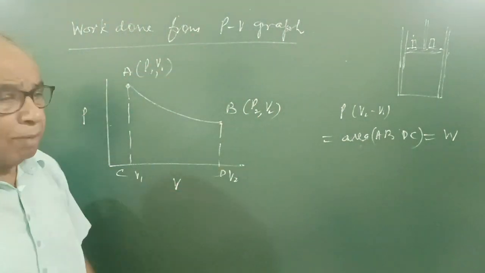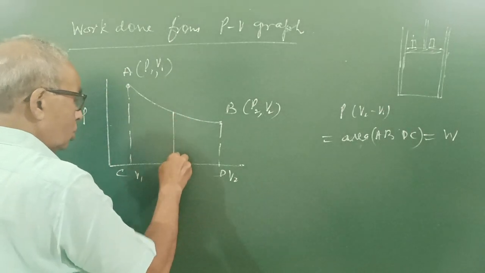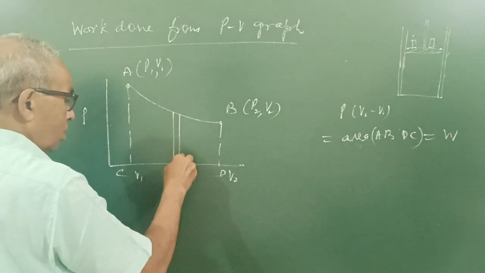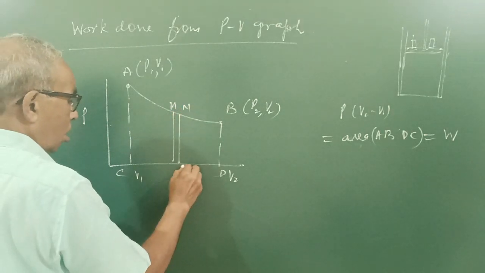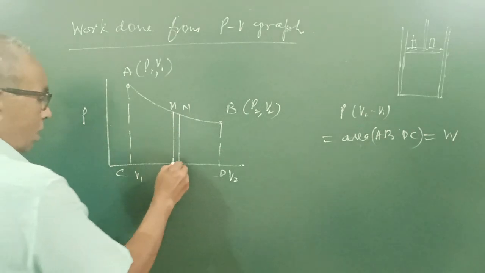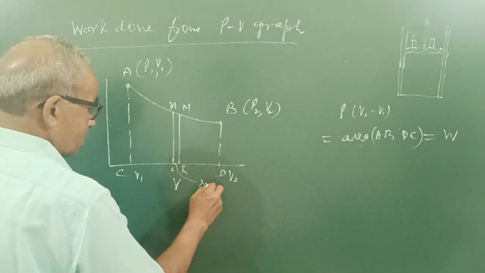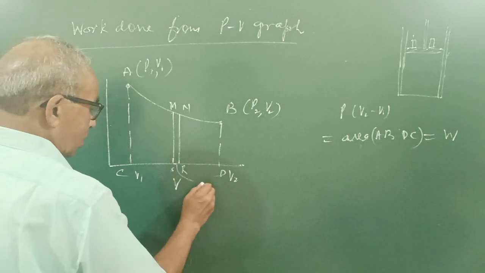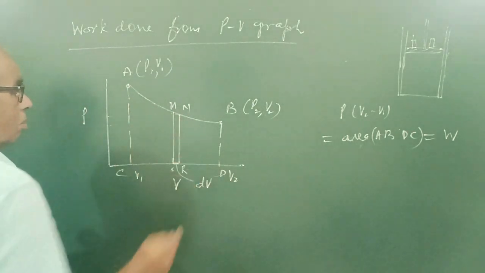The area under the graph is equal to work done. So we take a strip here, M, N, R, S. Here M and N are so close, this distance we take as delta X, or you can call it delta V. And this is pressure.